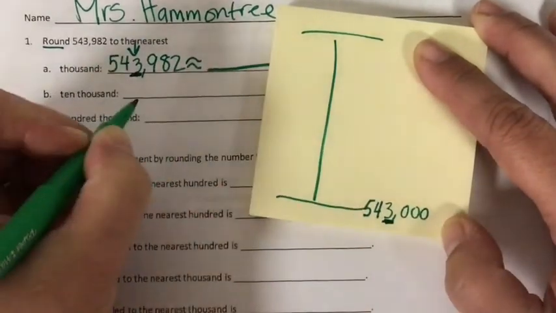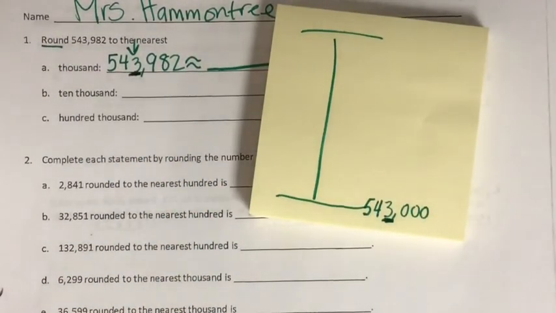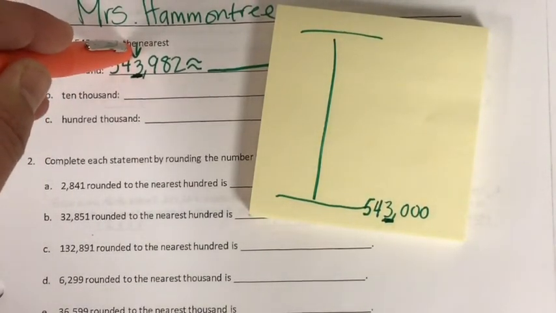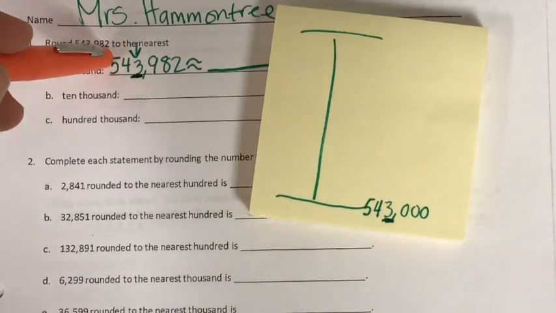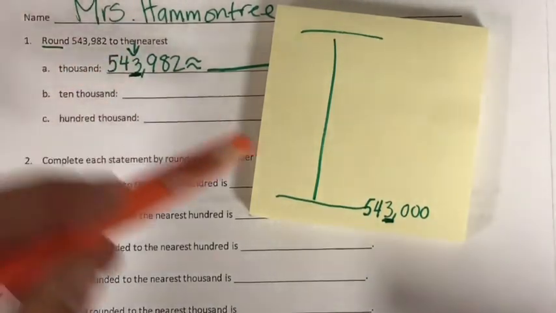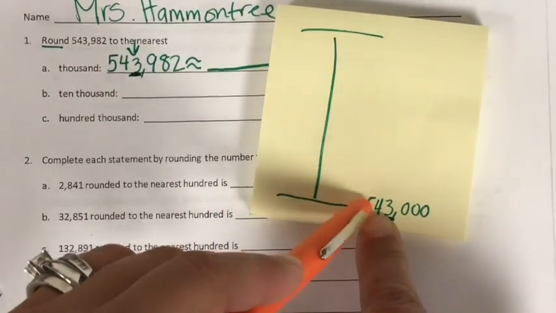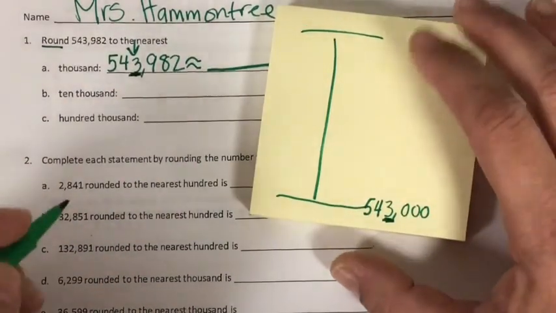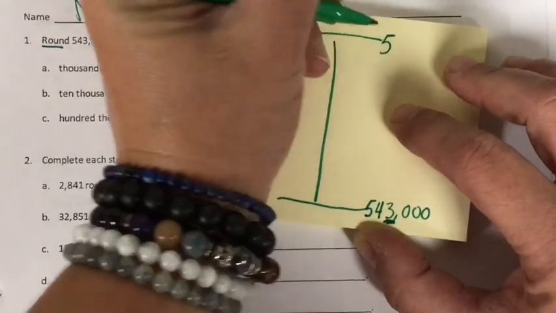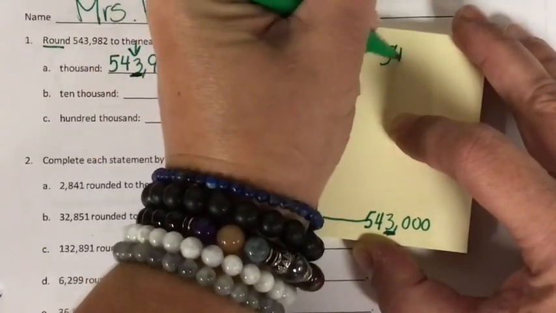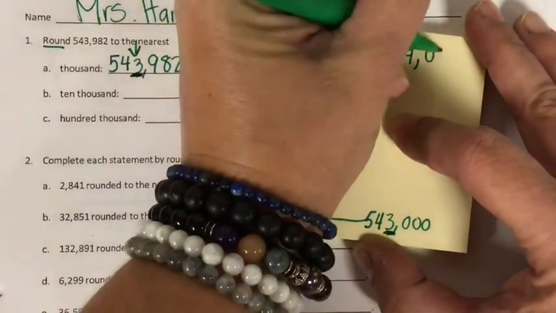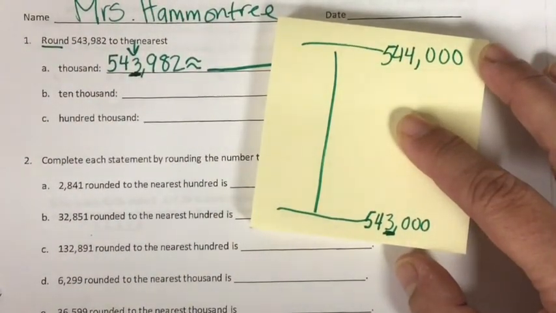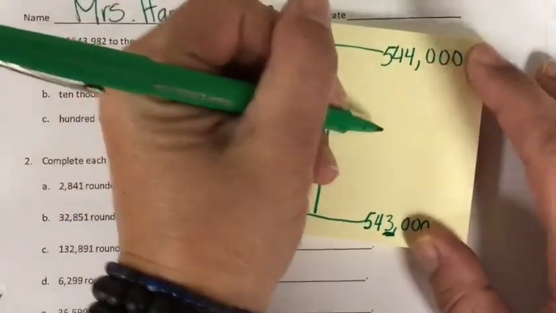Then I cannot ignore this 4 in the 10,000s place, and I cannot ignore this 5 in the 100,000s place. So I have to continue to put them into my number that I'm working with. Then, are you ready? I would put my top number as this, 544,000.